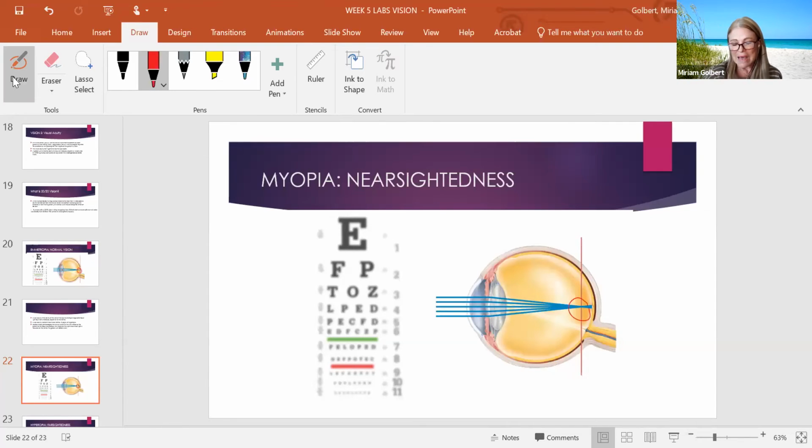So you see that line that goes through, and all the light rays are converging, but instead of doing it on the retina, you're forming the image in front of the retina. And this is what happens. You can see that the Snellen chart is all blurry, right? You don't have that sharpness of focus.